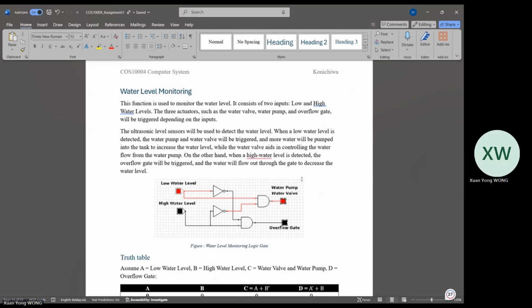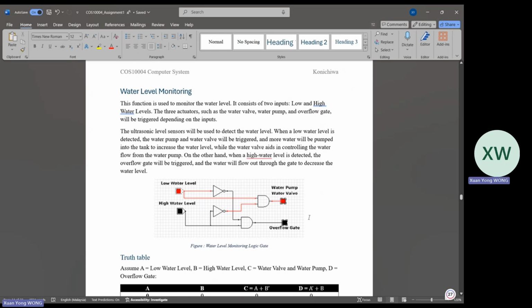If the water level sensor detects a high water level, that means the water is over, then they'll open the overflow gate to push out the extra water from the tank.